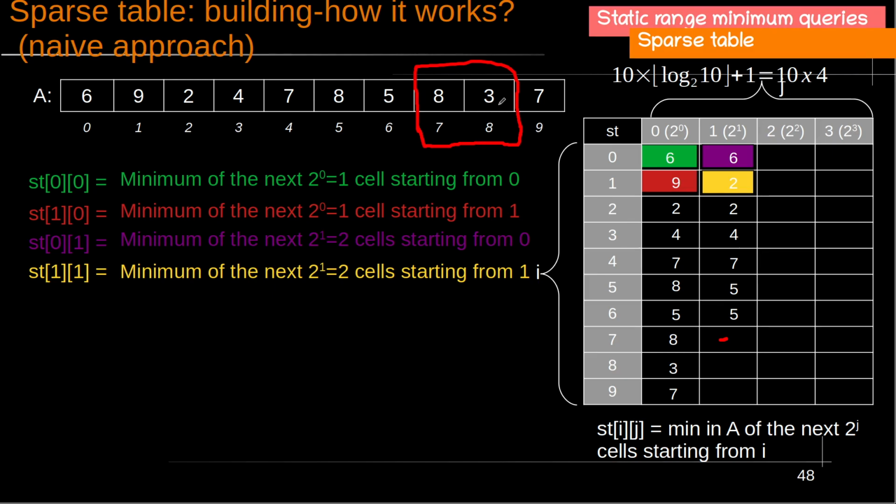So the minimum there is 3. And we continue to the last one here. In 9, we cannot take 2 cells because there are no 2 cells here, so we do nothing.